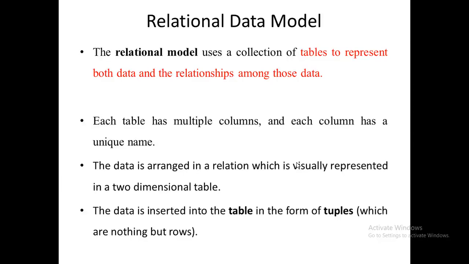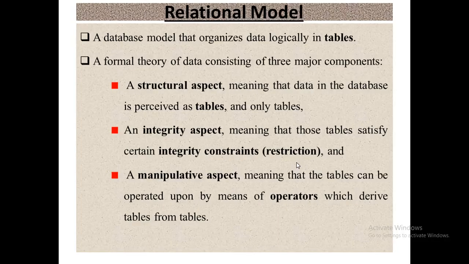So when we talk about a table, we are talking about columns and rows. The relational model is also a database model that organizes data logically in tables. The logic of organizing the data in a table is also considered a relational model.